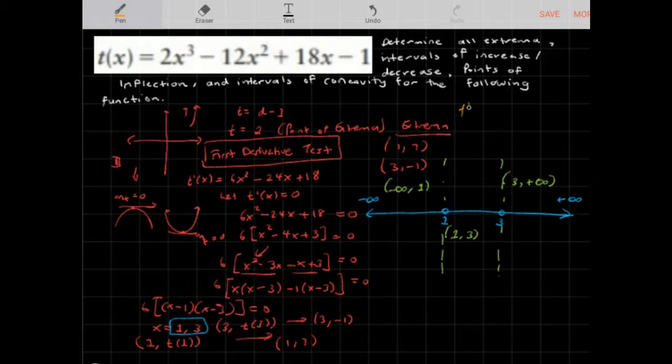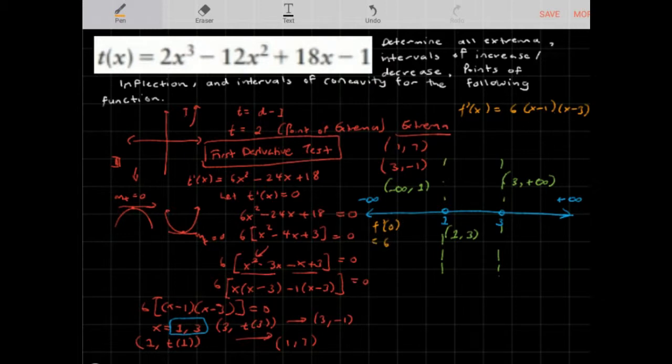We know that our first derivative function f prime of x here is basically 6(x minus 1)(x minus 3). Let's start with our first interval, and say we were doing f prime of a number between negative infinity and 1. Let's do f prime of 0.